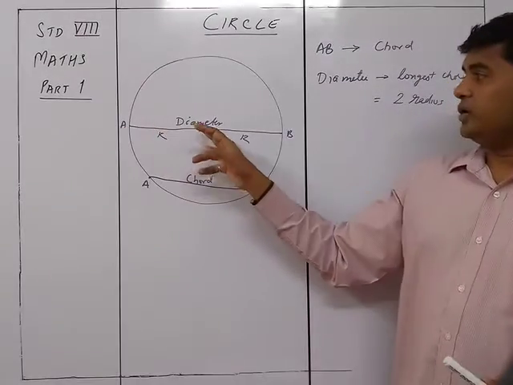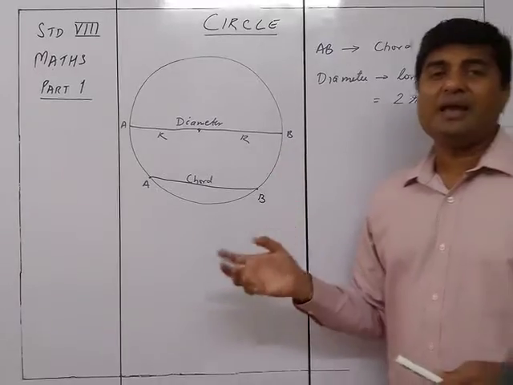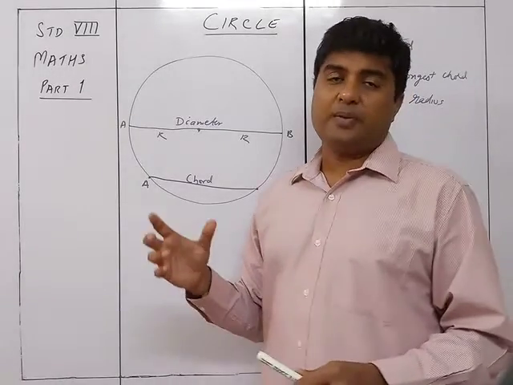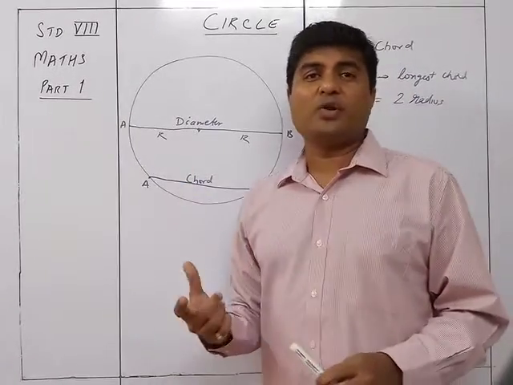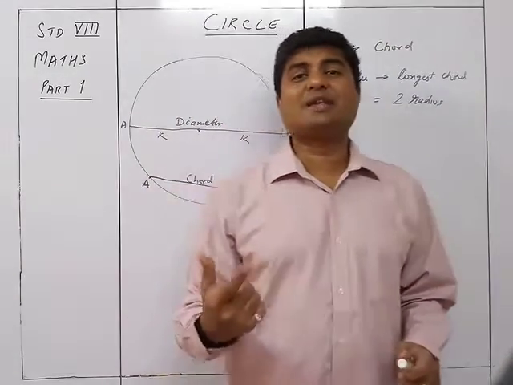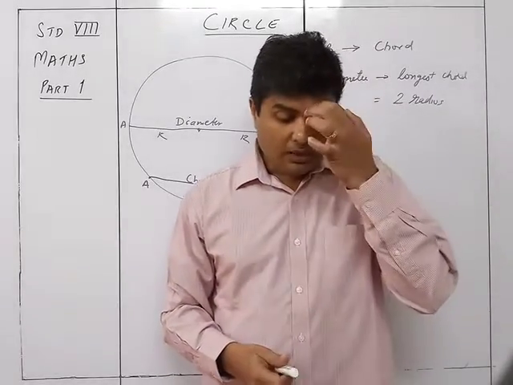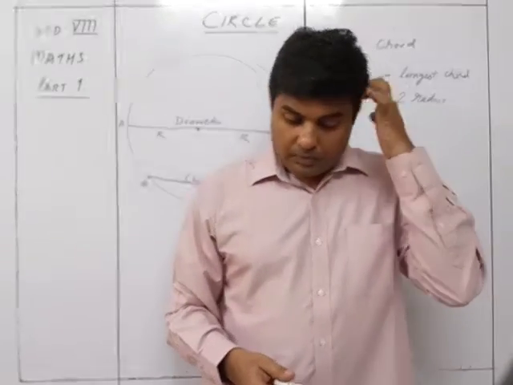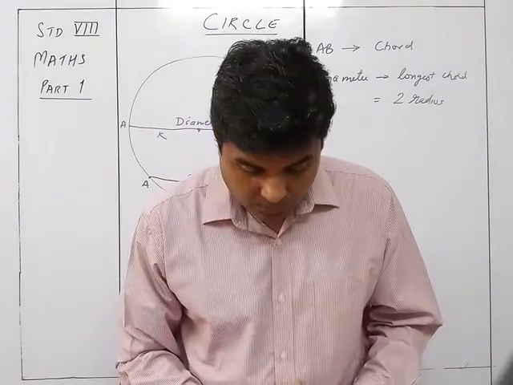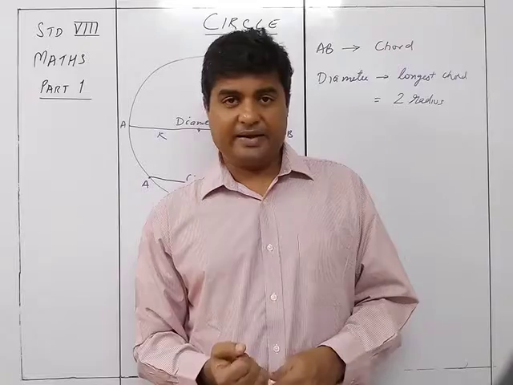So from here to here is one radius, from here to here is another radius, and there cannot be any chord which can be drawn which will be greater than the diameter. So diameter is the longest chord of the circle, and its value will be equal to twice the radius.